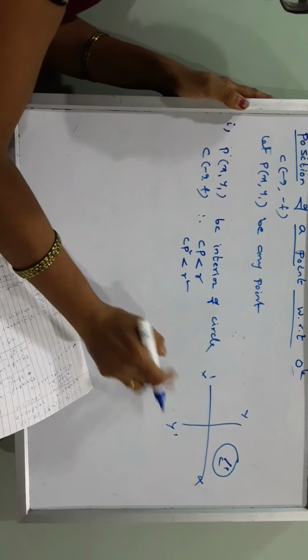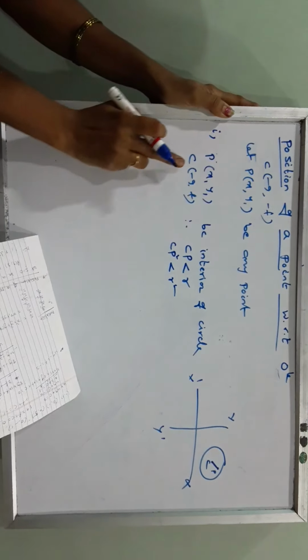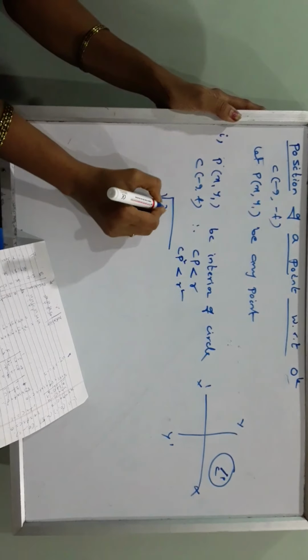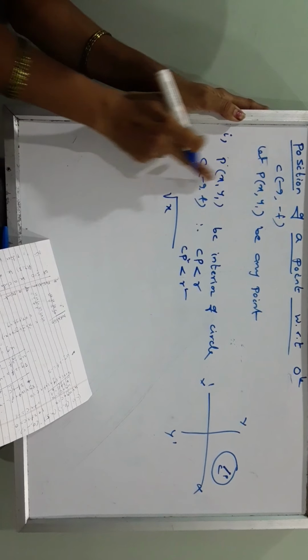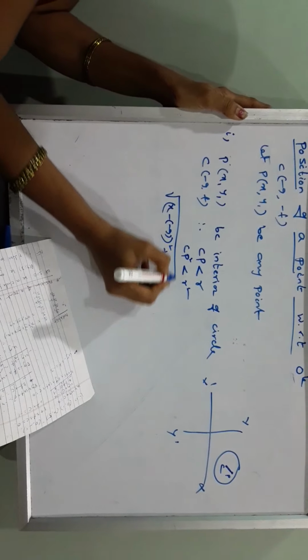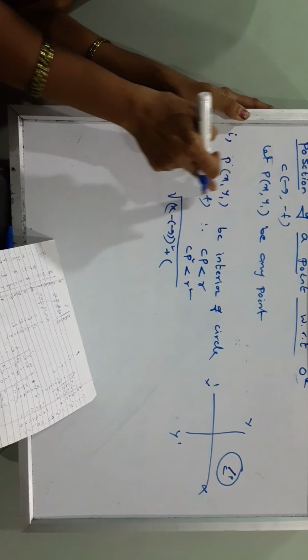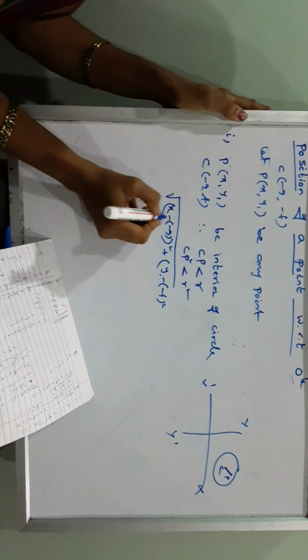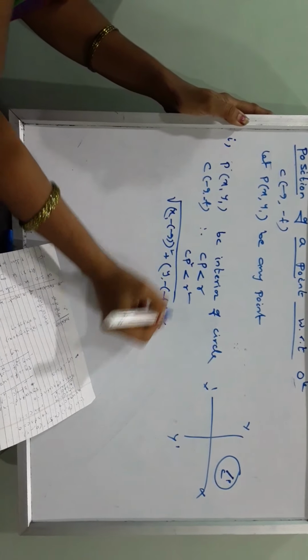Under root x1 minus x2 whole square plus y1 minus y2 whole square. The same applies here: x1 minus of minus g whole square plus y1 minus of minus f whole square is less than r square.